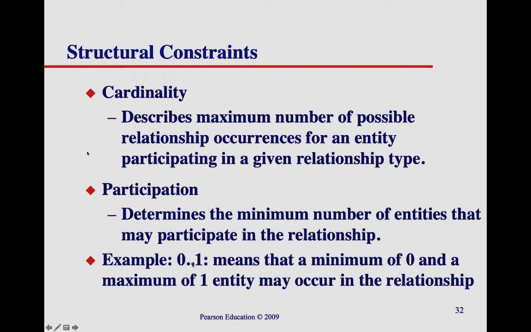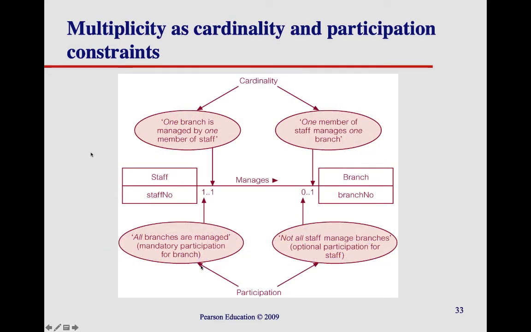The way you represent a relationship is participation first, then the cardinality. So this means a minimum of 0 and a maximum of 1. Here we say that a staff may manage a minimum of 0, so many staff don't manage any branch, and a maximum of 1 branch.